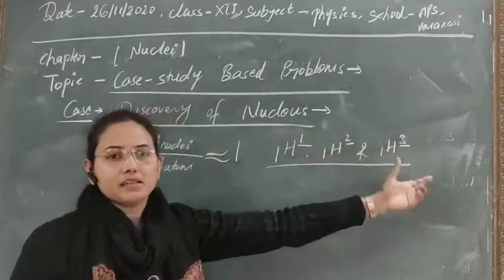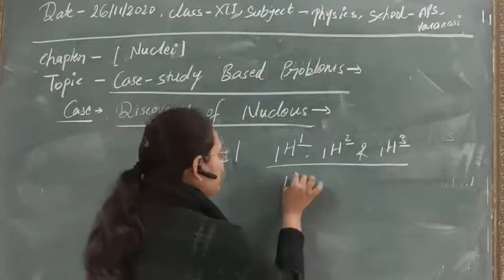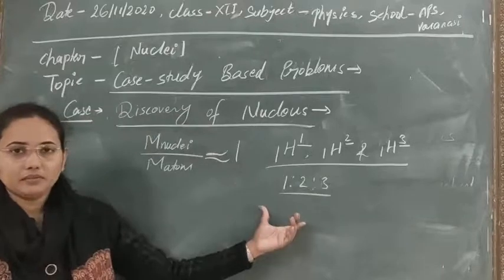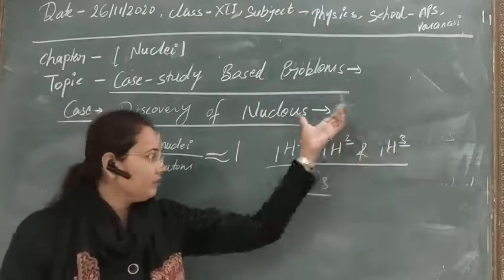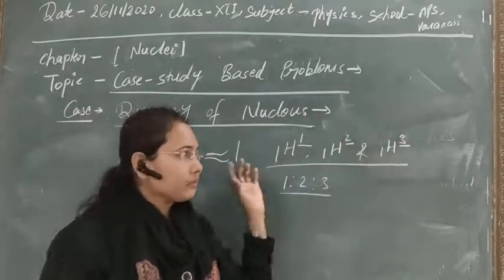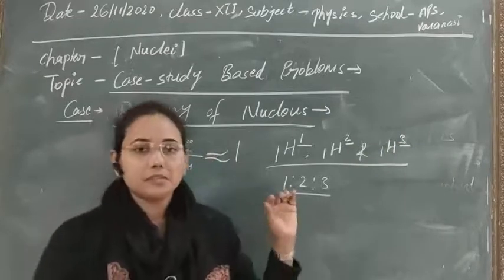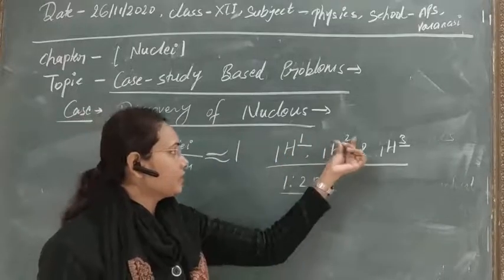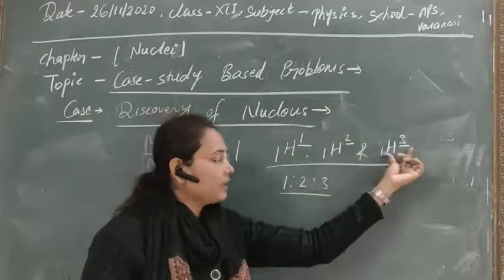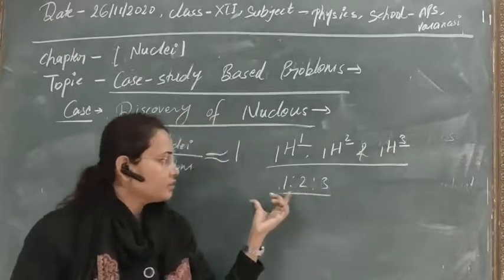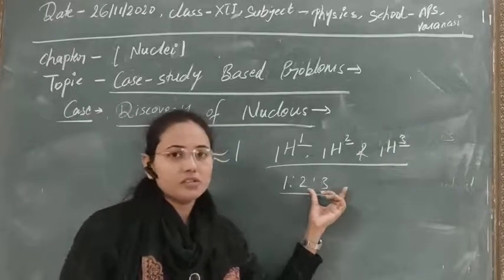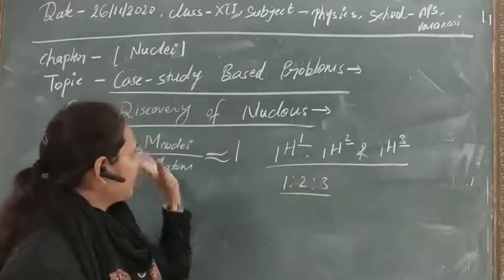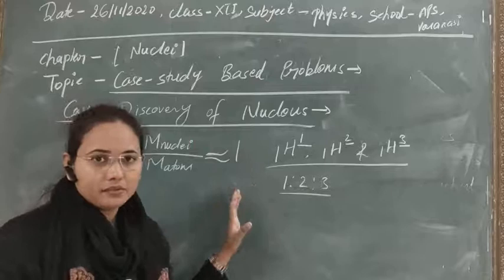So the ratio of masses is 1:2:3. I think there is no confusion; it is a very simple question. In hydrogen the mass number is 1, in deuterium it is 2, and in tritium it is 3, so their masses are in the ratio 1:2:3. These are very basic questions, and I think there is no confusion.